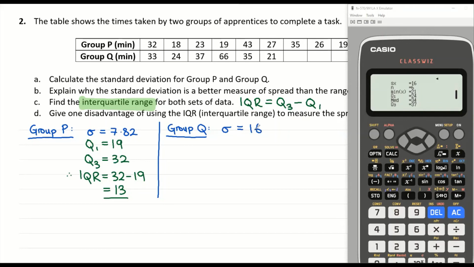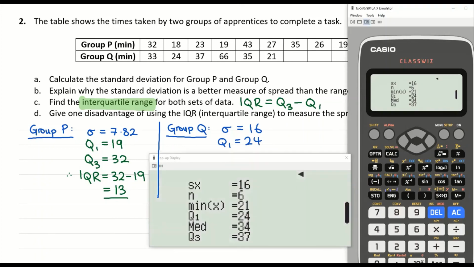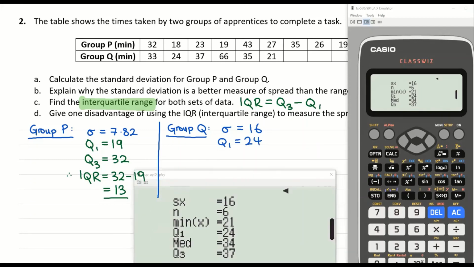And we also need the quartiles. So Q1 is 24, I'll just expand that window so you can see it more clearly. So yeah, Q1 is 24 and Q3 is 37.